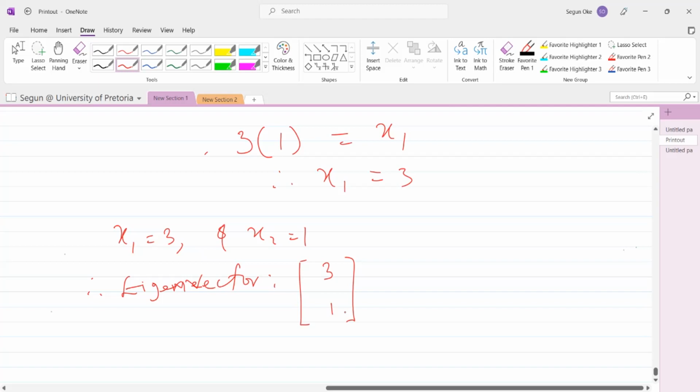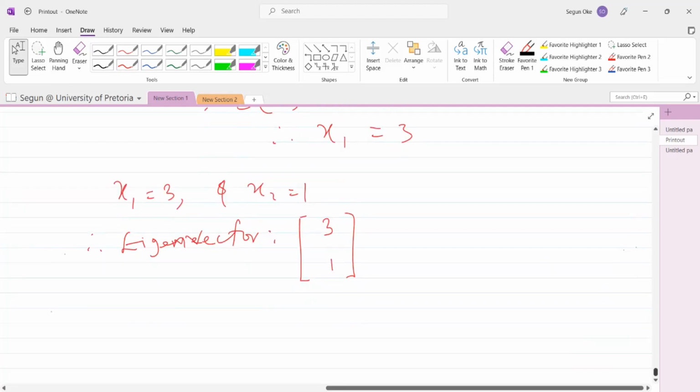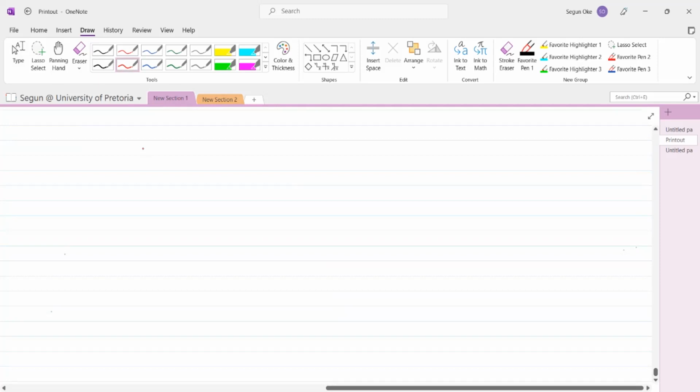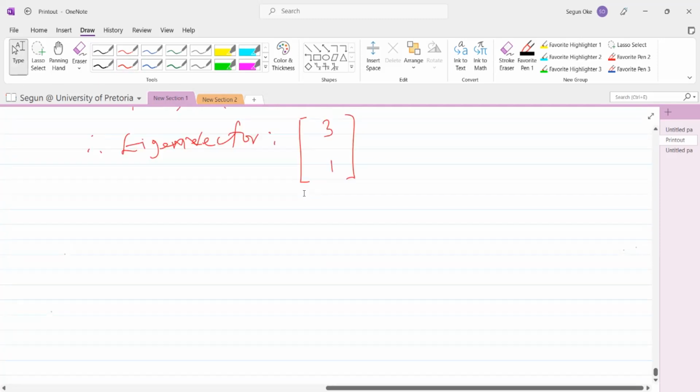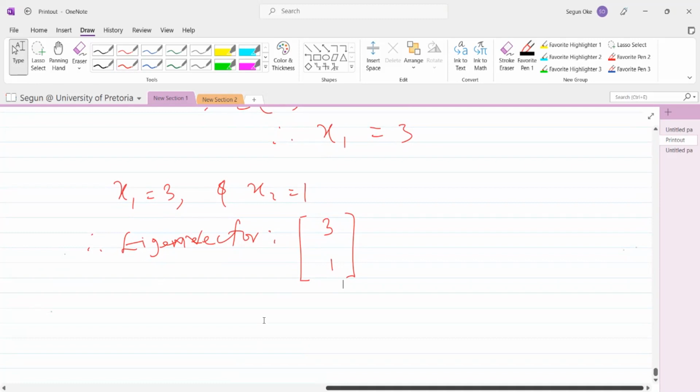Now, remember when lambda equals 8, that's what we solved. So I will now put it to you, everybody: can we quickly solve when lambda equals -2? I believe it's simple now. Okay, over to you guys.